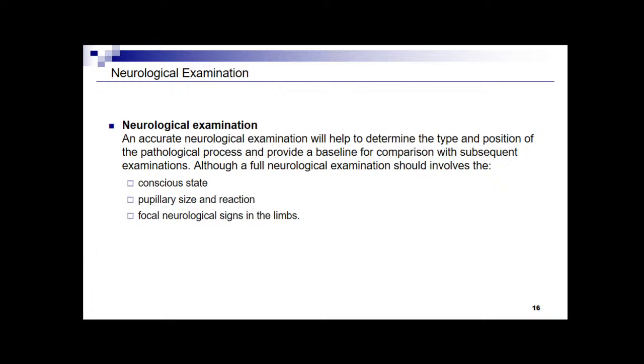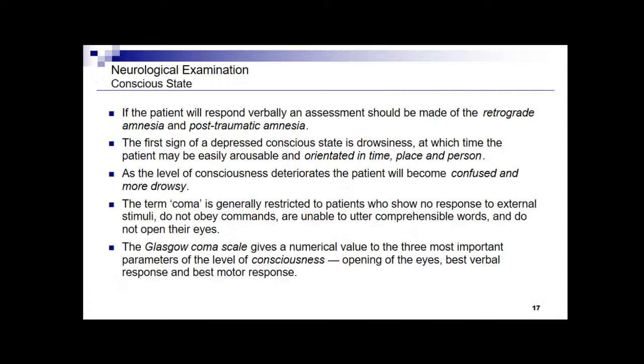Parts of the neurological examination. The neurological examination has three parts: assessment of conscious state, assessment of pupillary size and reaction of pupils to light, and assessment for discovering focal neurological signs in the limbs. The first part of the clinical assessment is an estimation of conscious state.